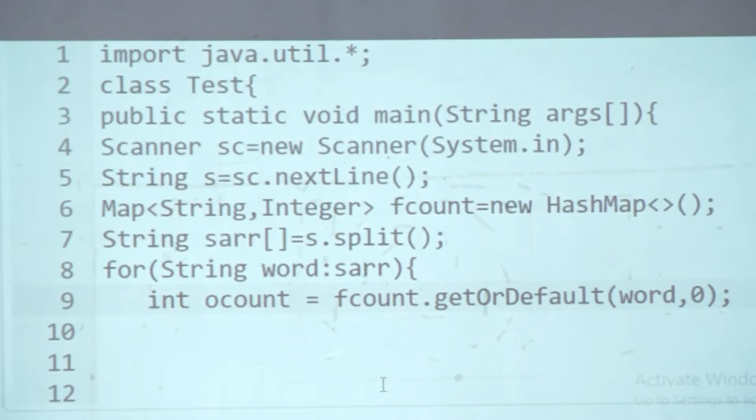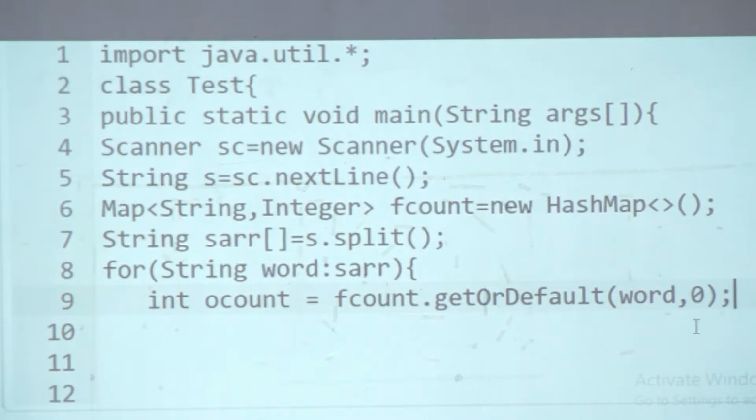If you don't find it, give me 0. Once again, look in the map. So line 9 says, look for word in the map, look in the keys. Do you find this word in any of the keys? If you find it, give me the value associated with it. If you don't find it, give me 0.